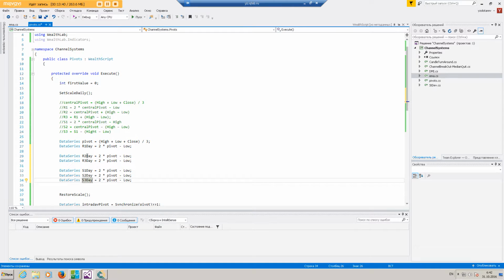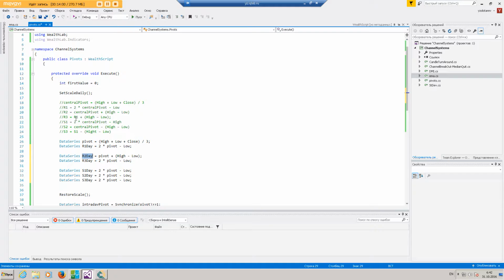So what's it going to be for R2? Central pivot plus high minus low. Pivot plus high minus low. Yeah, did I get that right? R2, central pivot plus high minus low.